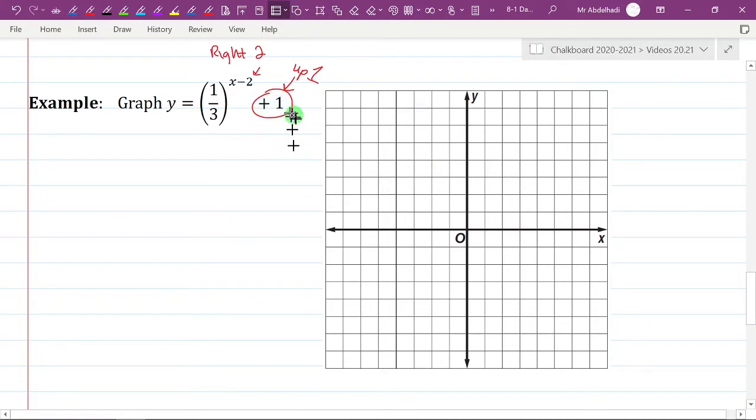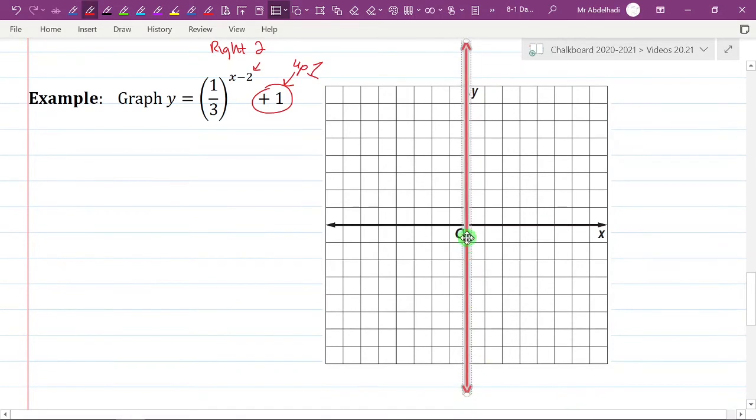Now, how do I know it's the horizontal axis? Let's just talk about that for a second. If I try to move a vertical axis up and down, up 1, will that make any difference? If I move this, okay, up and down, it doesn't change anything, does it? Right? The y-axis still goes up and down forever and ever and ever. So moving it up and down doesn't do anything. The y-axis should only be moved left and right.